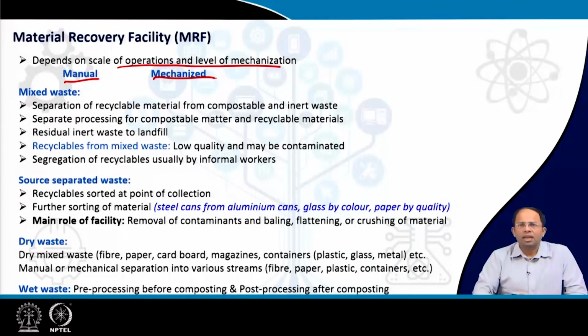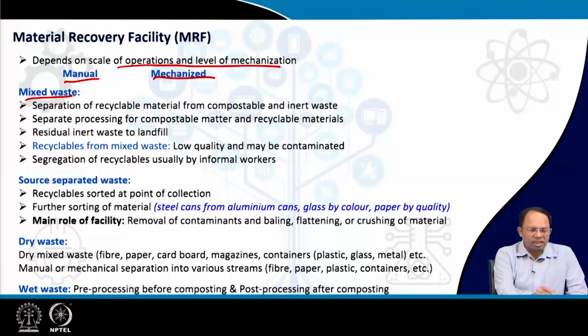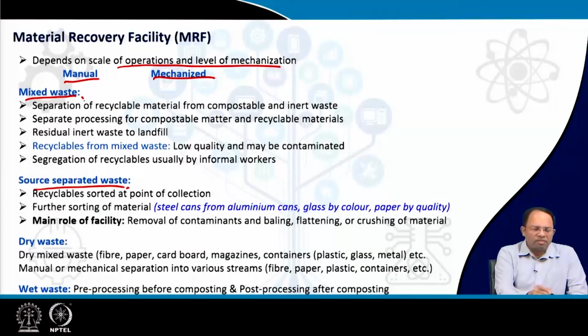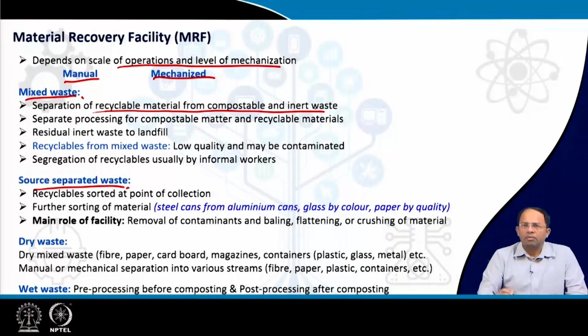Now, the waste that a material recovery facility receives could be mixed waste or it could be source separated waste. So, the processes that we will adopt depend on what kind of waste the facility receives, right. If the facility receives mixed waste, in that particular case, first we have to separate the recyclable materials from the compostable and inert waste. So, that is the first job.